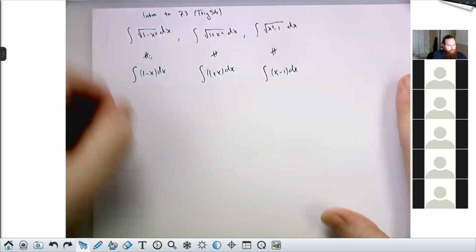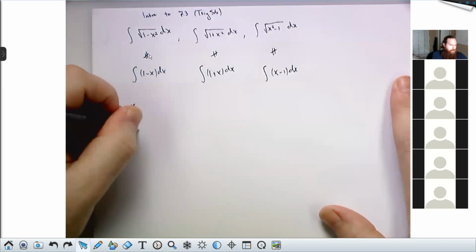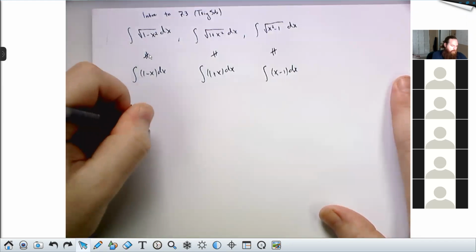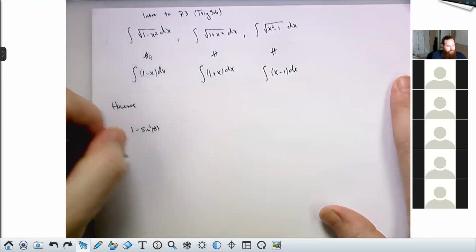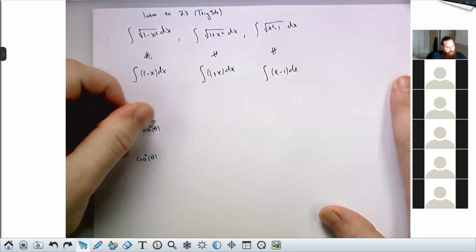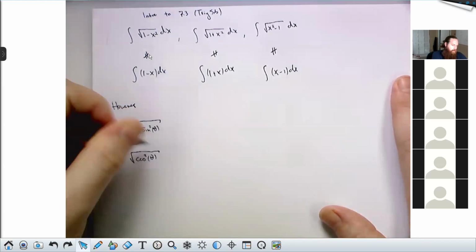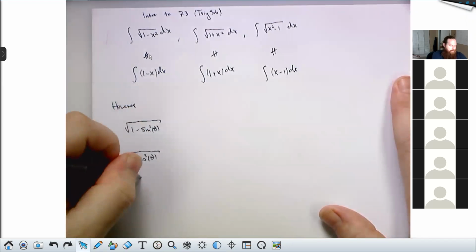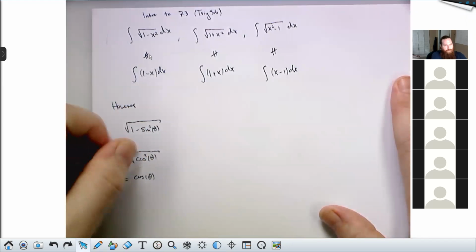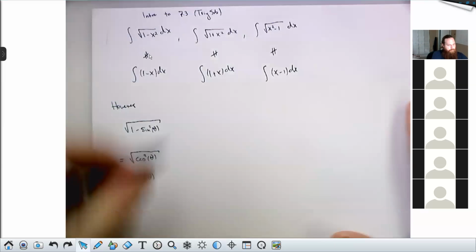However, 1 minus sine squared theta is cos squared theta. So the square root of 1 minus sine squared is the square root of cos squared is cos theta. I'm assuming that cosine is positive, but we'll let that assumption hang out.